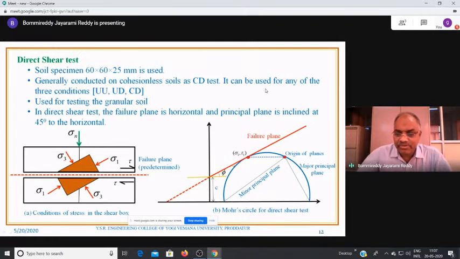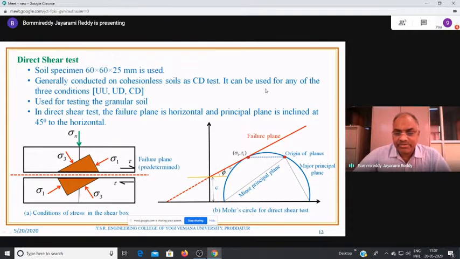You will get some points here, say point 1, point 2, point 3, and if you join these, you will get a straight line. If the straight line intercepts the y-axis, the ordinate is called the cohesion, and the corresponding angle with respect to the horizontal is called phi.